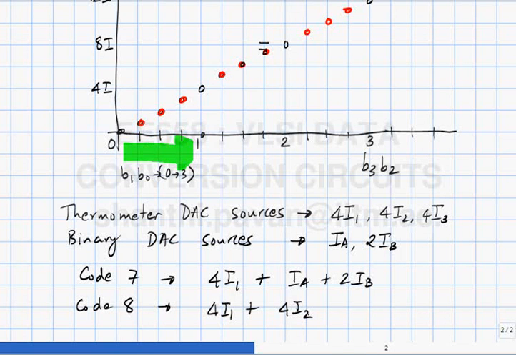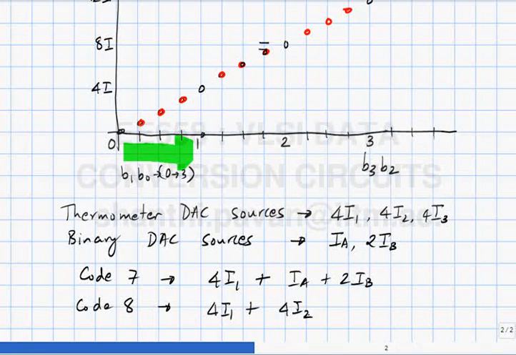So here also you are turning off, I mean see, IA plus 2IB is nominally 3I, correct, and 4I2 is nominally 4I. So you are getting that step also by turning off 3I and turning on 4I, but this is a lot better than turning off 7I and turning on 8I. Does it make sense?